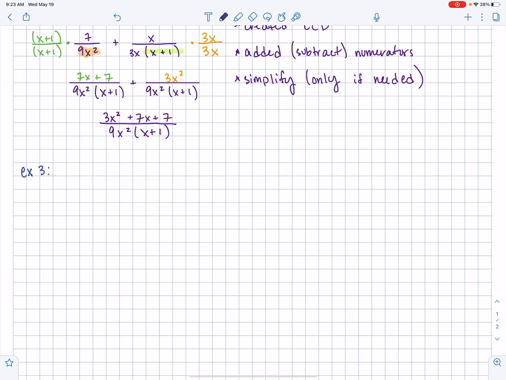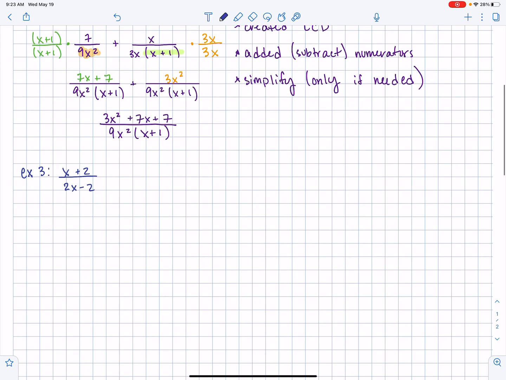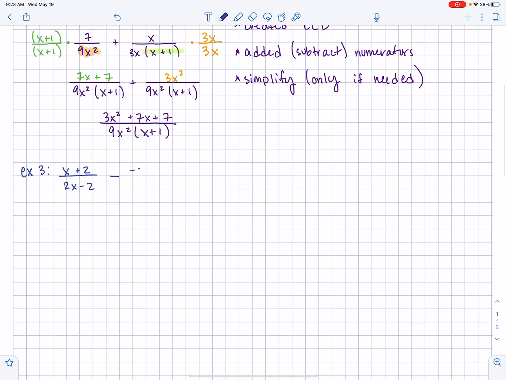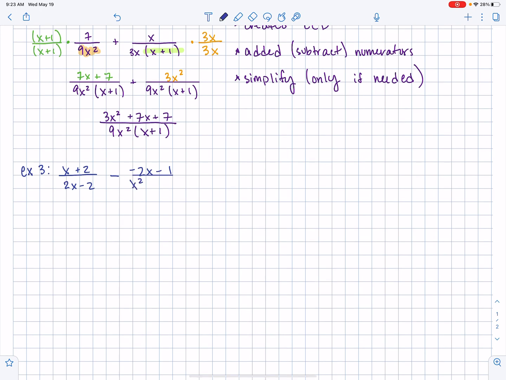Example 3. We're going to be working with x plus 2 over 2x minus 2 minus a negative 2x minus 1 over an x squared minus 4x plus 3.